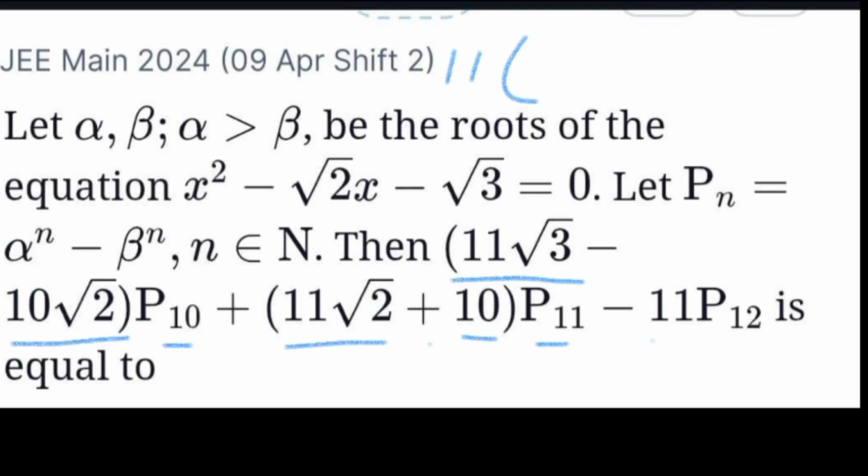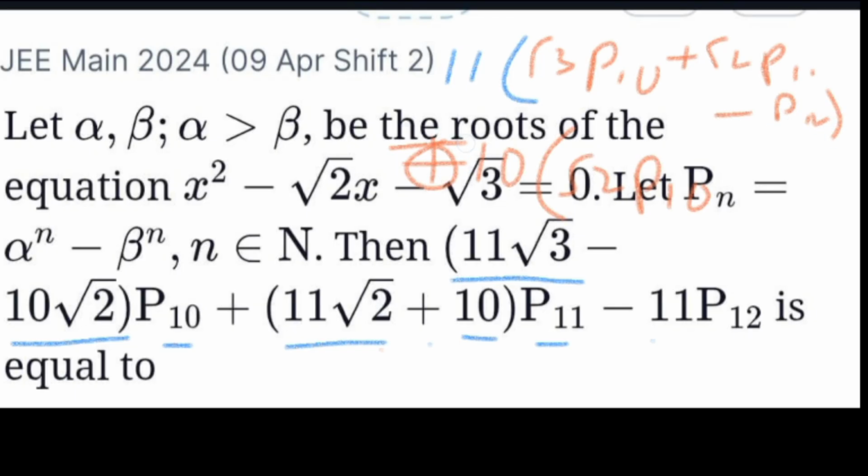Now 11 is common, here root 3 P10. Next, here 11 is common, root 2 P11 plus root 2 P11, here minus P12.